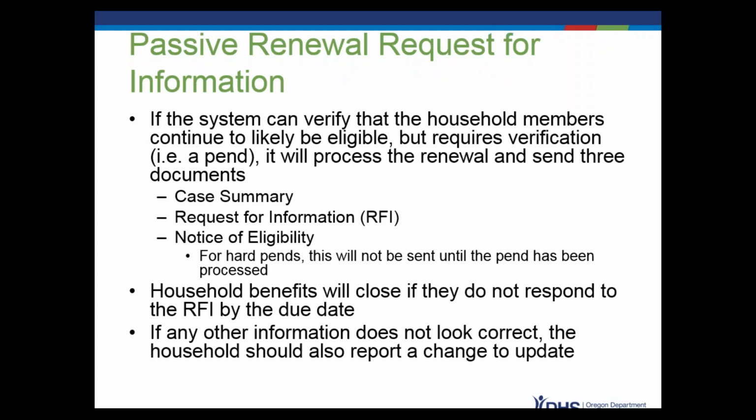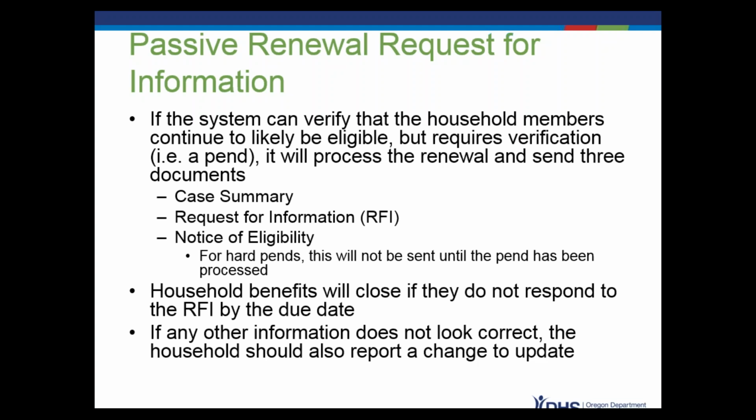If the system can verify that household members continue to likely be eligible but requires verification, which is also just to say if there is any PEN, and that includes hard and soft PENs, we'll process the renewal and send three documents. They'll send a case summary, and the case summary will always be sent with a renewal. It will send requests for information for whatever documents we need to verify information, and a notice of eligibility as well.